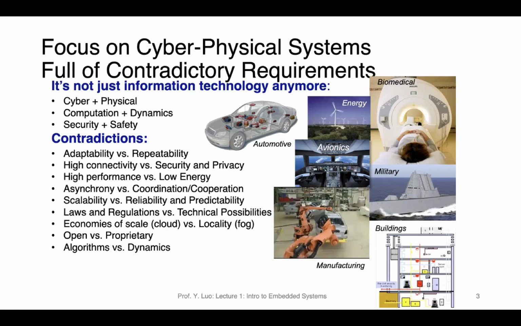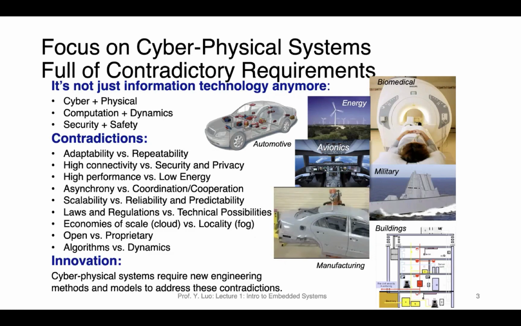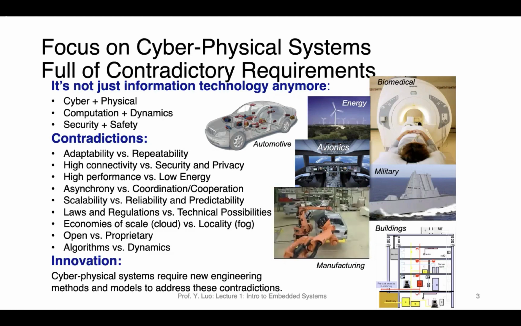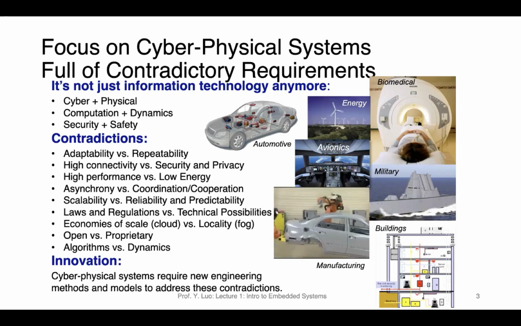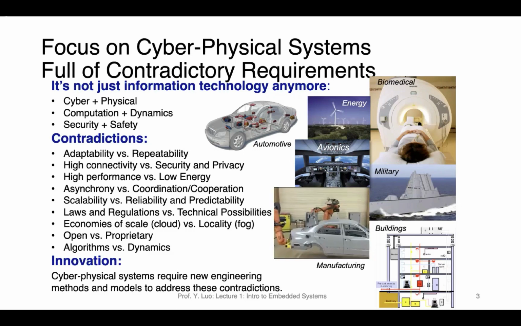So from the algorithms point of view, that's a very complex process. So the point is that if you want to have these innovations and important applications in these different fields, the design of such cyber-physical systems requires new engineering methods and models to address these contradictions.